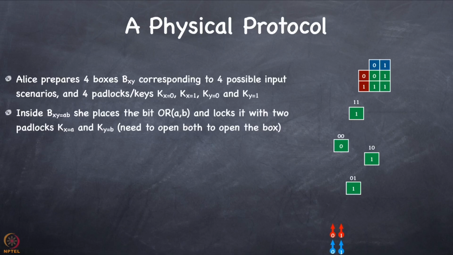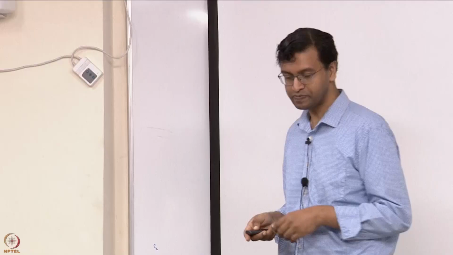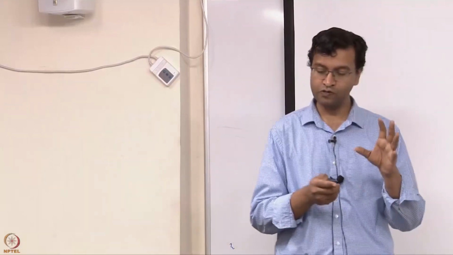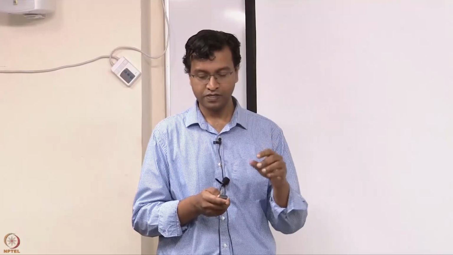She would use Kx equal to 0 and Ky equal to 0. To lock B01, she would use the key x equal to 0 and y equal to 1. So there will be 2 separate locks. That's her locking the box B00 with those 2 locks.